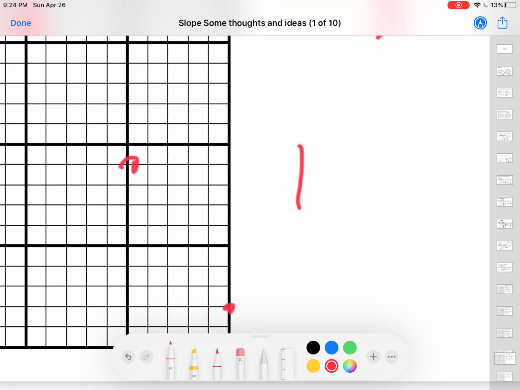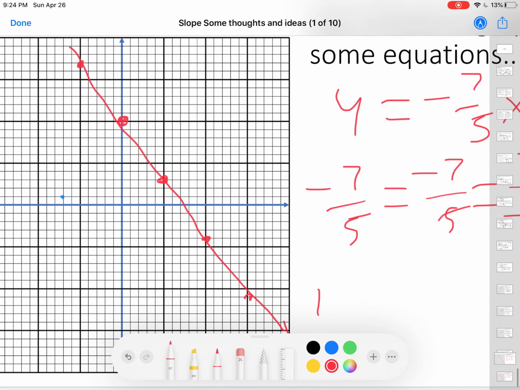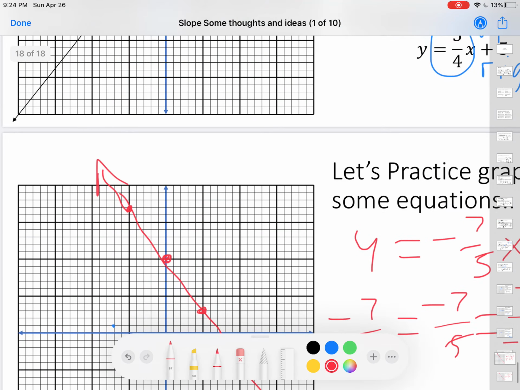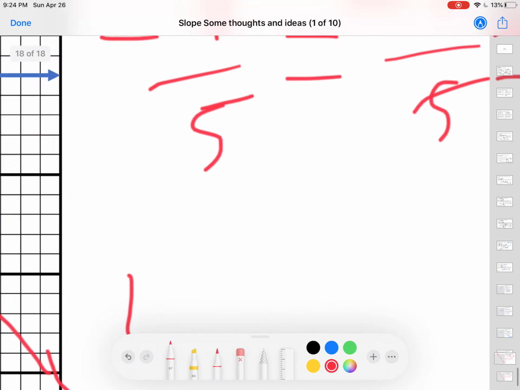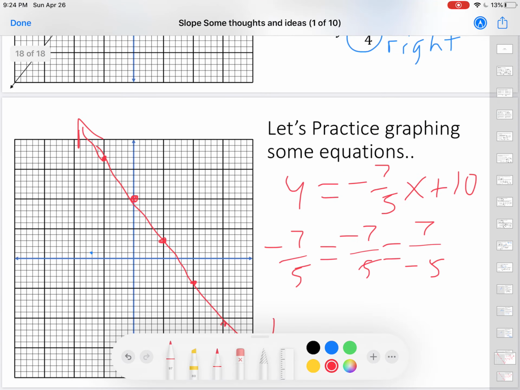Draw the line all the way through, all the way off. Zoom in a little bit and draw the arrows, and that's how you graph.